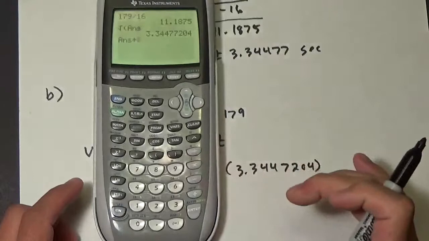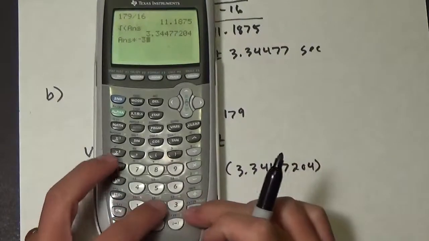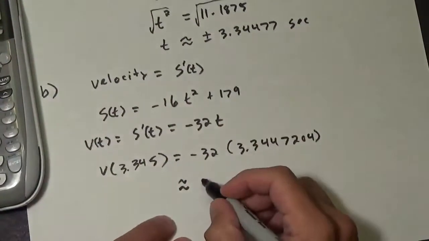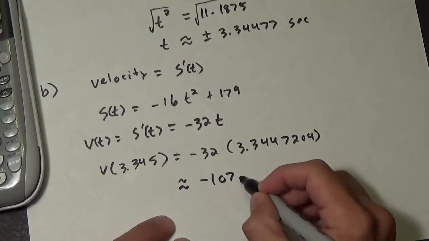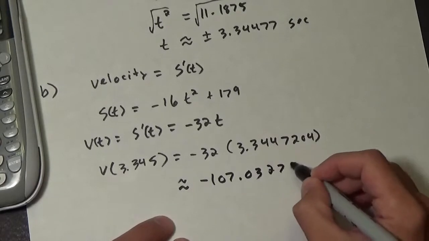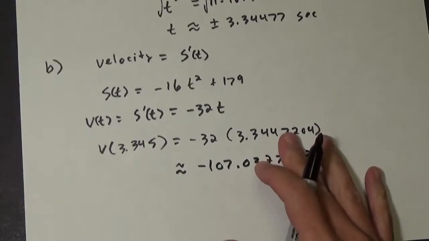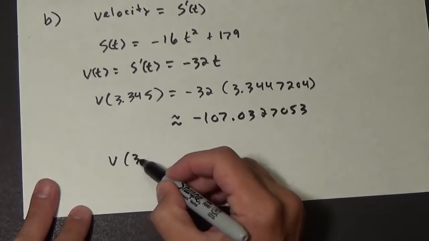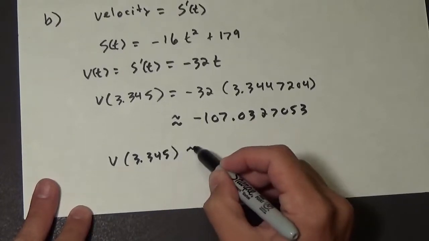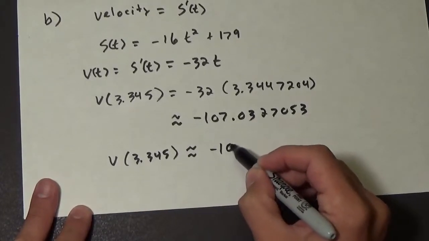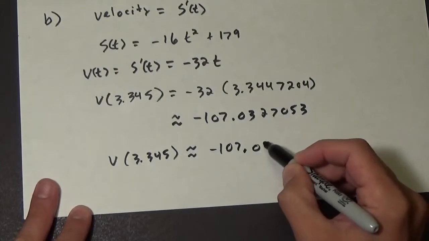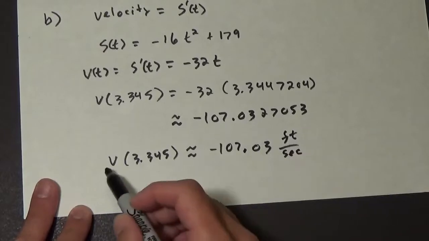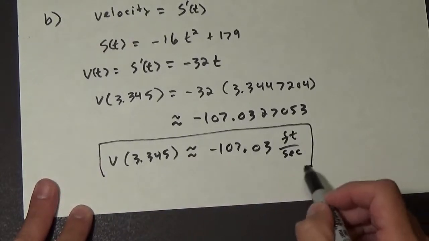We're going to multiply this by negative 32. And we end up with negative 107.032705. So we'll answer this by saying that v of 3.345 is approximately negative 107.03 feet per second. And there's our answer.